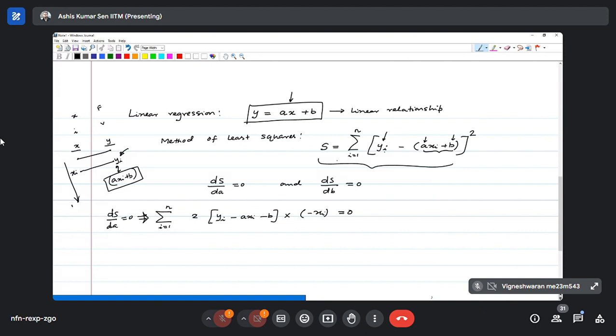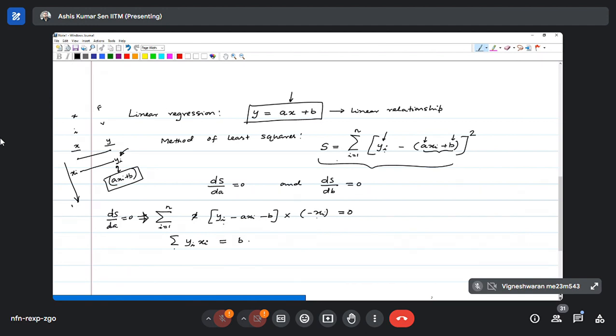Now I can take 2 to the other side, so 2 basically is 0. So from this I can write yi xi. So if I multiply this first term here, sum, by default it is i equal to 1 to n, will be equal to, I take the remaining terms on the right hand side.